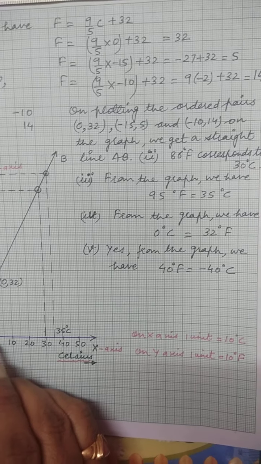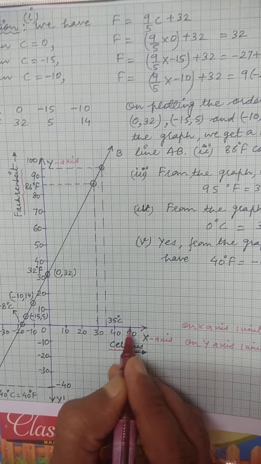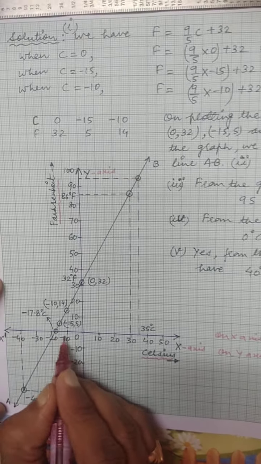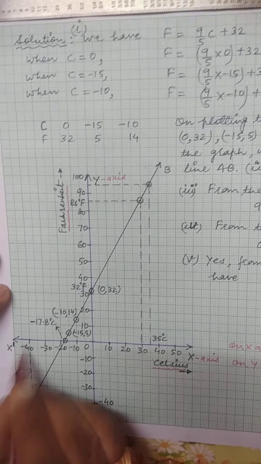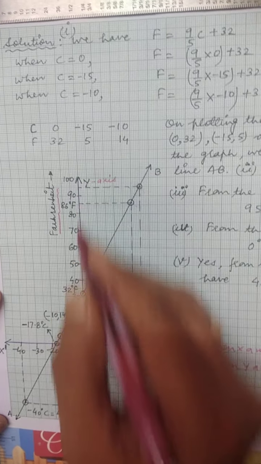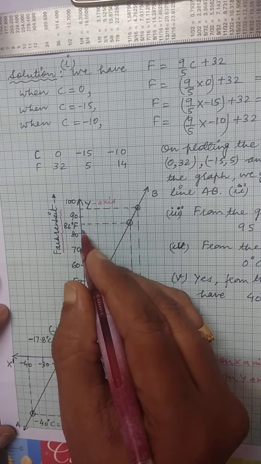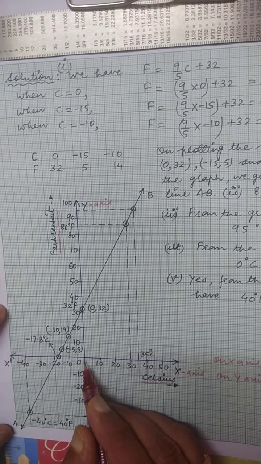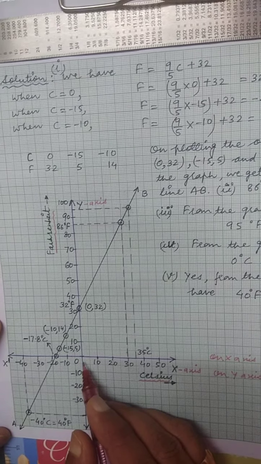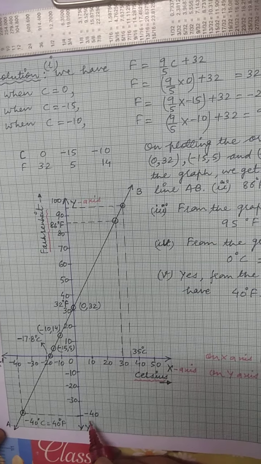You can see 10, then 20, 30, 40, 50. Here also minus 10, minus 20, minus 30, minus 40. Now on the vertical, positive of y, we have 10, 20, 30, 40, 50, 60, 70, 80, 90 and 100. Downwards on the vertical y-axis, we have minus 10, minus 20, minus 30, minus 40.